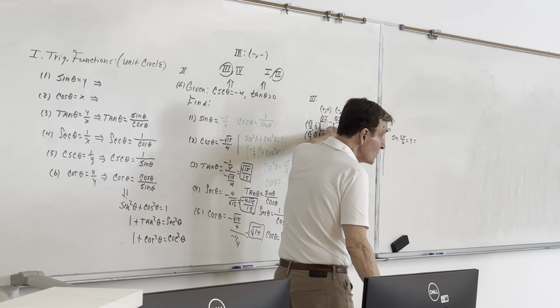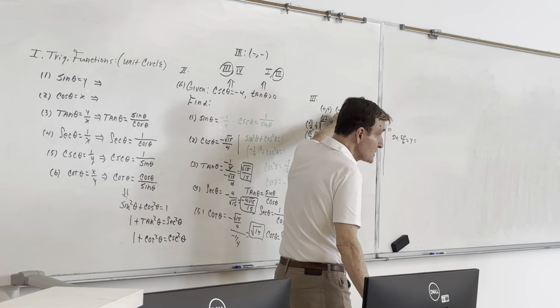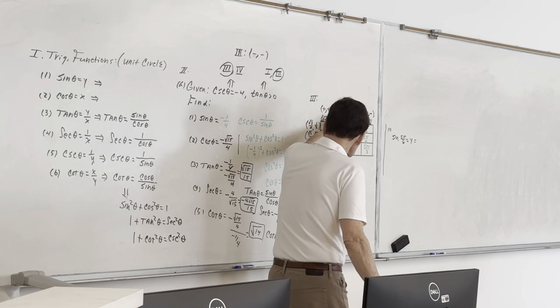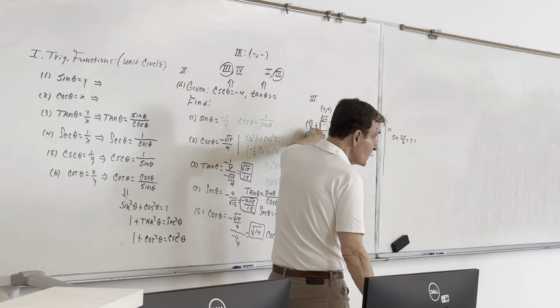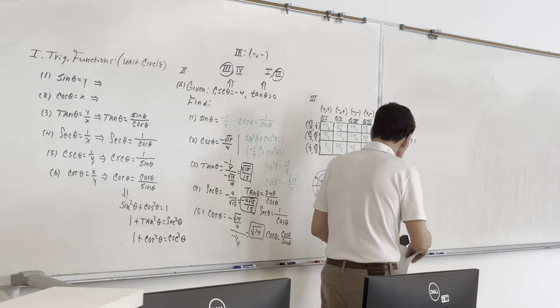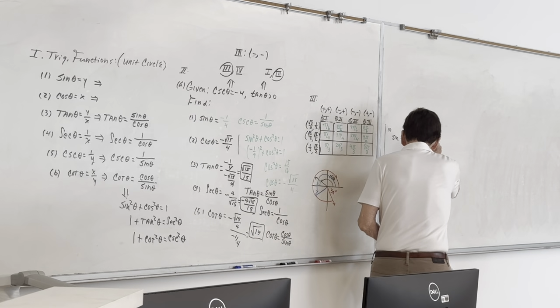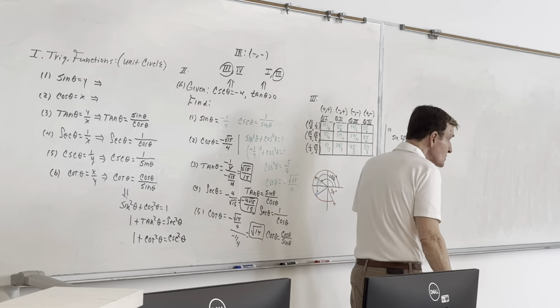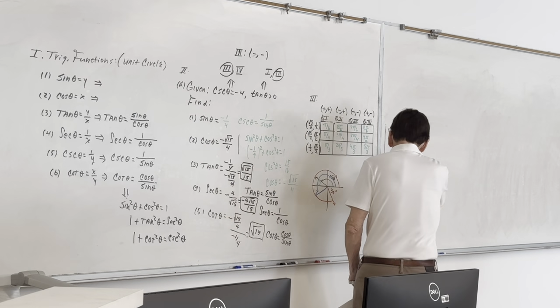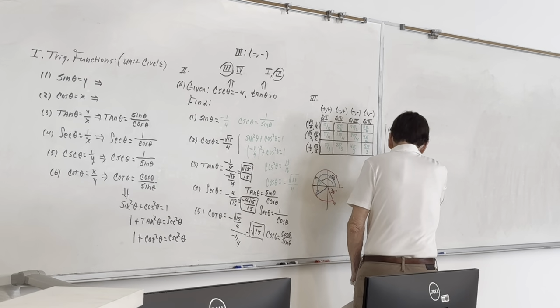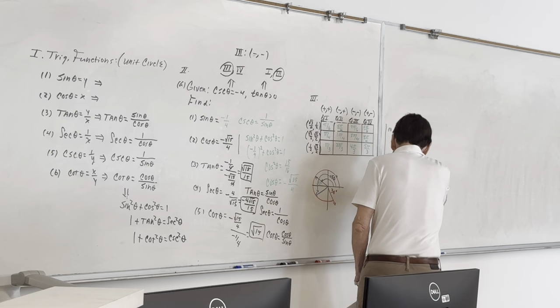Sign should be what? Y. Y should be positive. So the answer is positive. Now what is it? It's positive what? 1/2. Done. Finished.